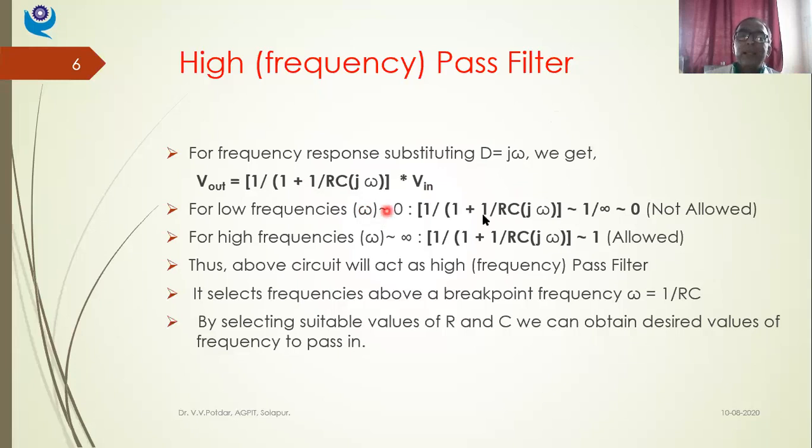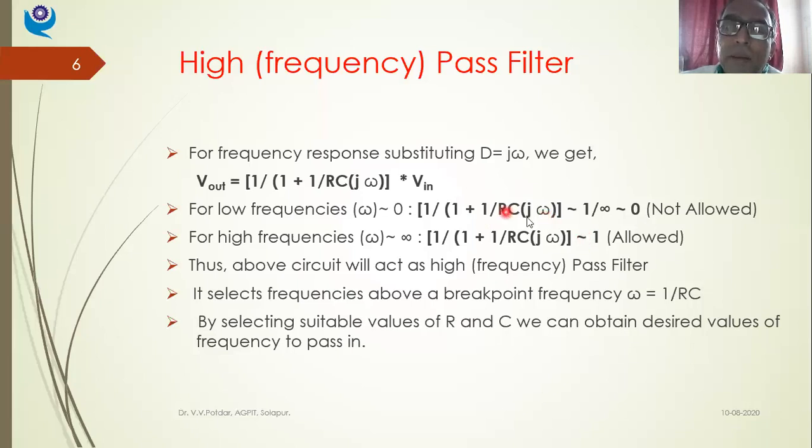This RC into 0 will become 0. So 1 upon 0 is infinity.